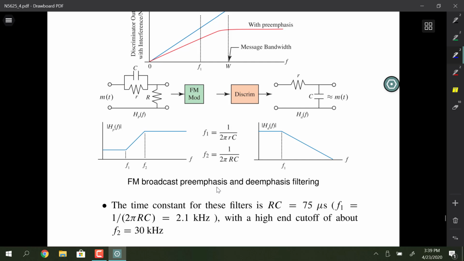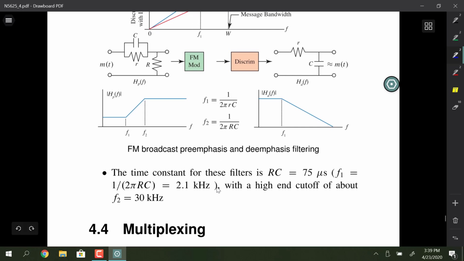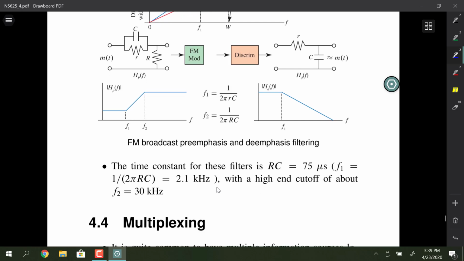And for FM broadcasting, the time constant that's used is 75 microseconds. So you're boosting starting at 2.1 kilohertz. That's this guy right here.